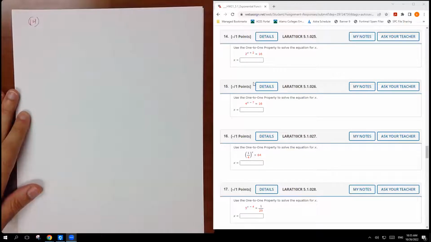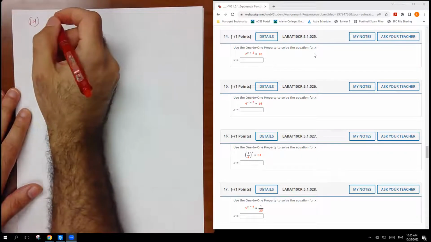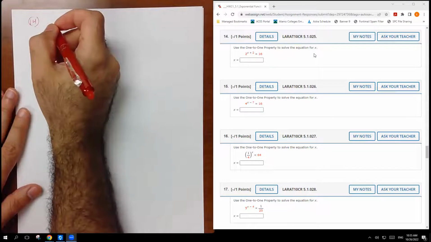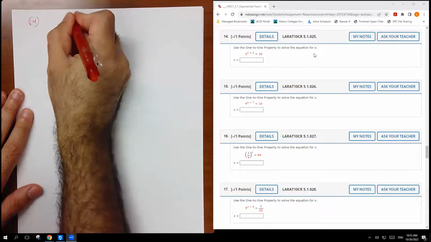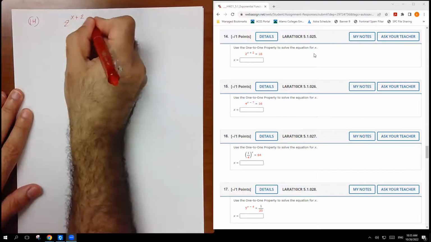Example 14, now we need to use the one-to-one property to solve the equations for x. We have 2 to the exponent x plus 2 equals 16.